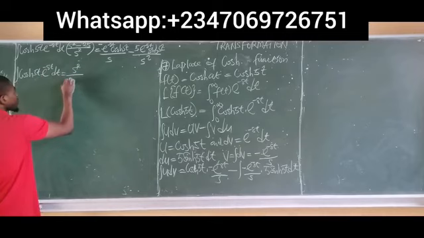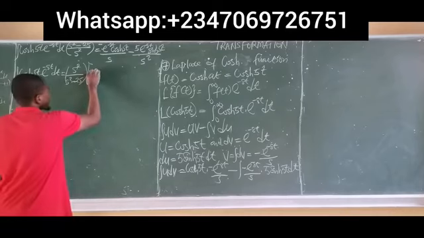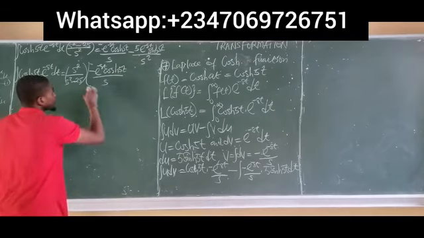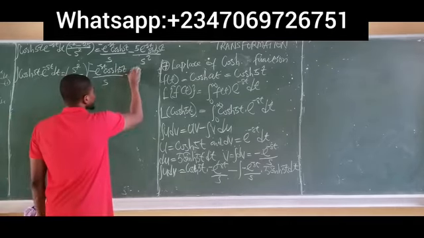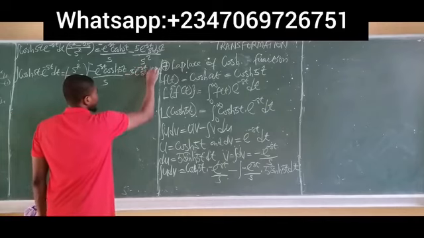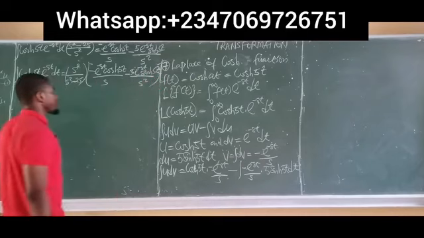It becomes s squared all over s squared minus 25. And the whole of this multiplies everything here. We have minus exponential minus st cos 5t all over s minus 5 exponential minus st sine 5t all over s squared. Okay, we have this.